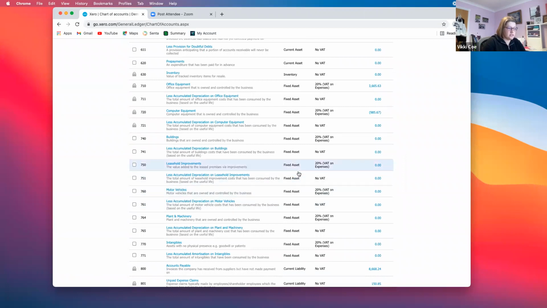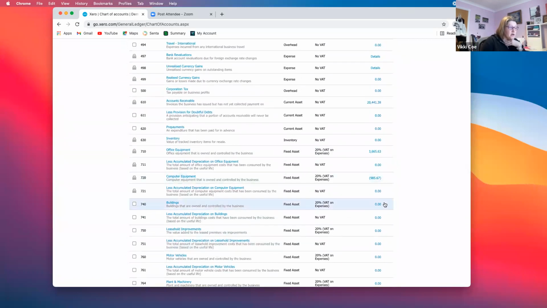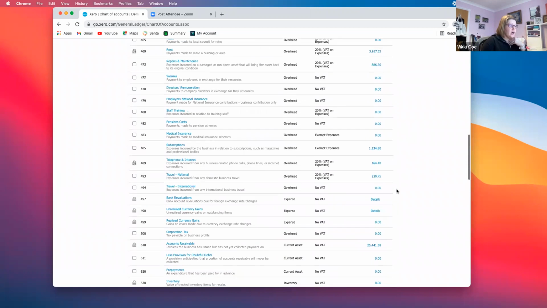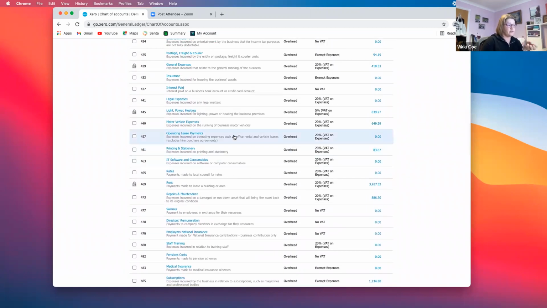Now, motor vehicles is a fixed asset account, so that is basically anything much bigger than your fuel. It needs to be more a car or a van or a trailer. If it is fuel, it doesn't go to motor vehicle, it goes into either travel expense, or again, we can rename one for you that is literally fuel, or there is one there that's motor vehicle expenses.